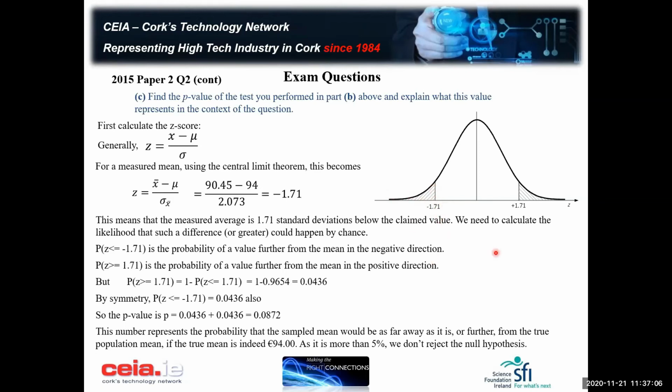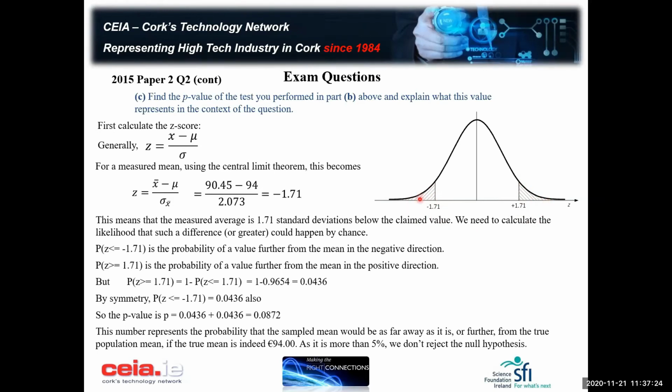But of course, it could have gone the other way as well. A similar error would have been if you were 1.71 deviations above the mean or more, which is this hatched area up here.